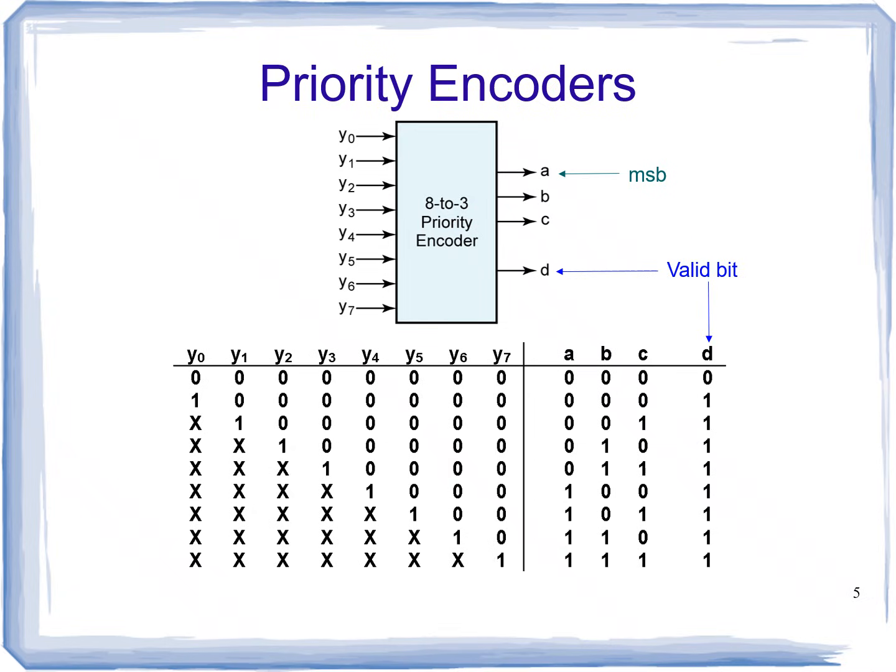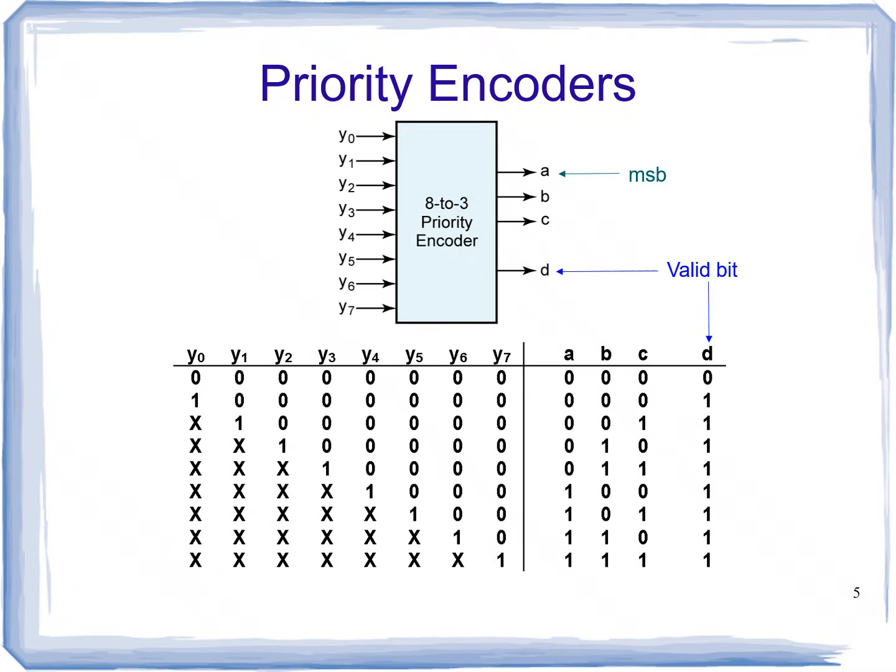The remaining values are taken as don't care. It does not consider the remaining bits. It considers only the MSB bit. For example, in Y0, it considers only Y0. The remaining bits we won't consider, so they are taken as don't care. They may be 0 or 1, it won't consider them.